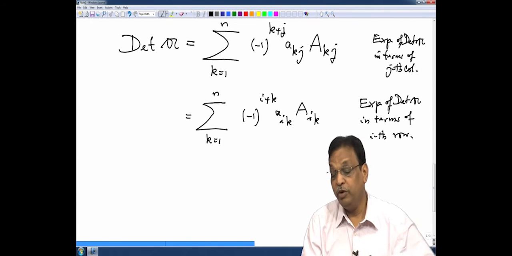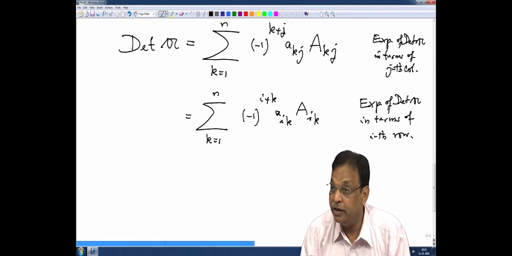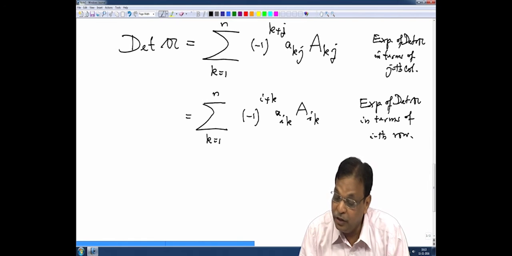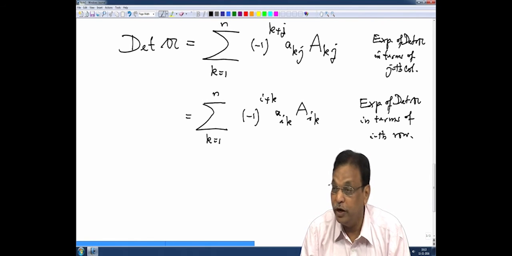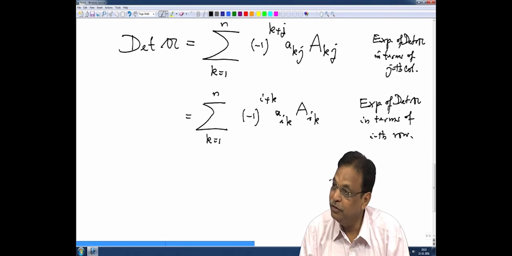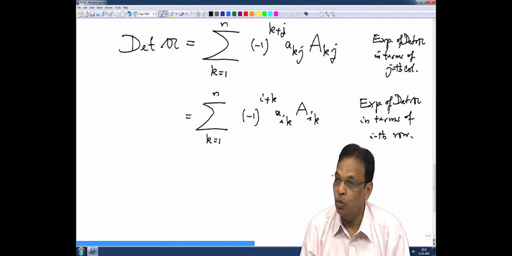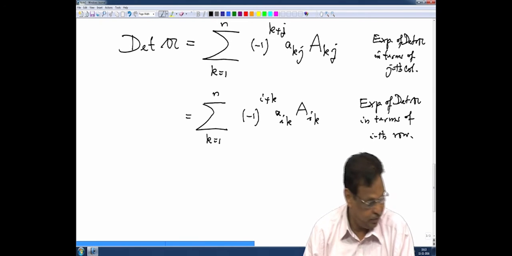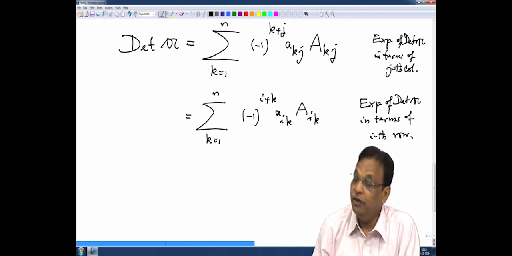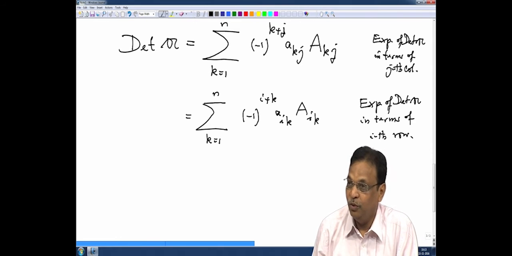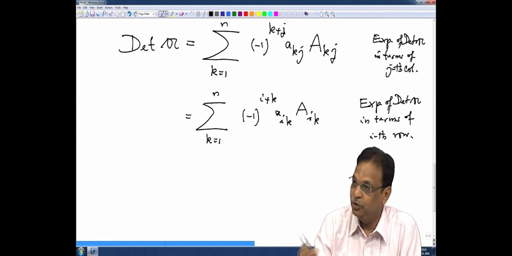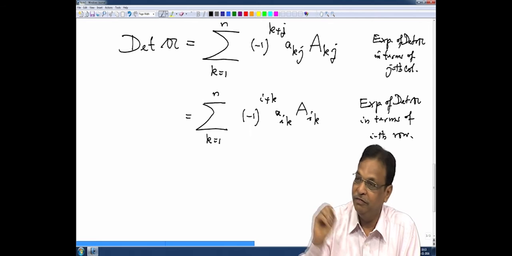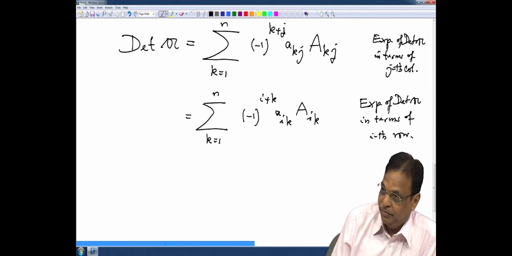Both are very important, because if your matrix has an ith row or jth column with many 0 entries, then it is better to expand in terms of that row or column, because then the computation will become faster. Instead of applying Gauss and bringing them to this position, that position, directly you can, so that will save time for calculation.